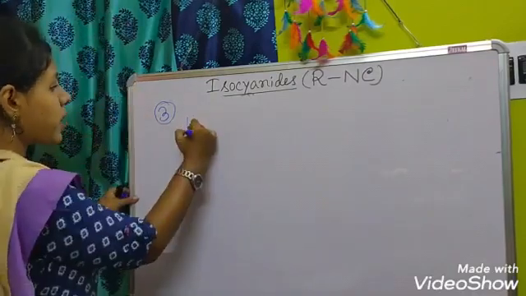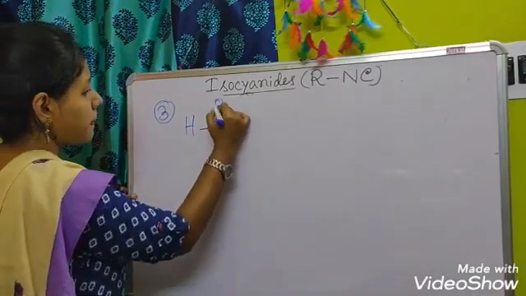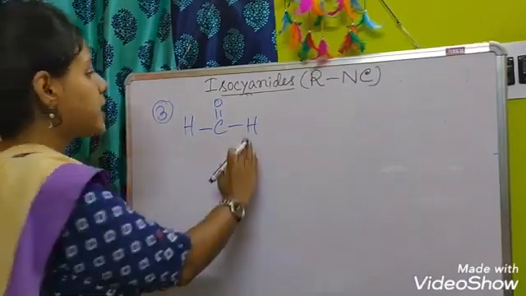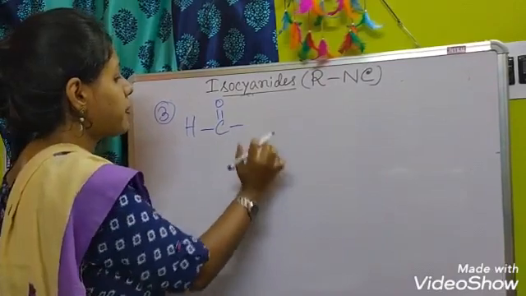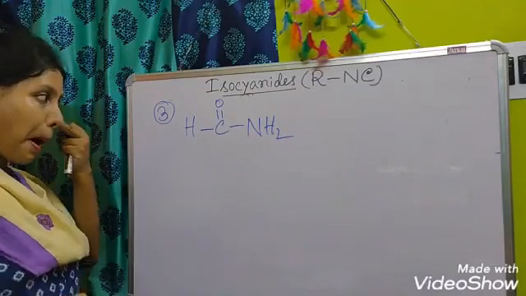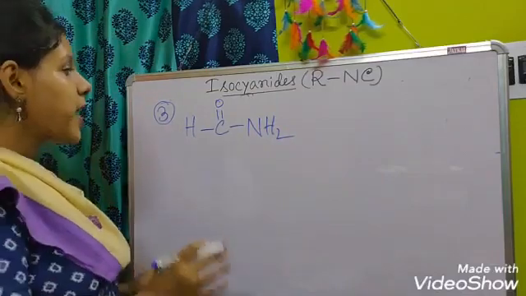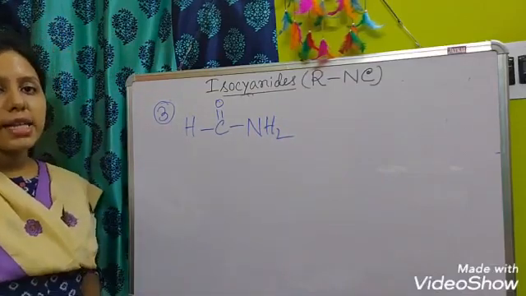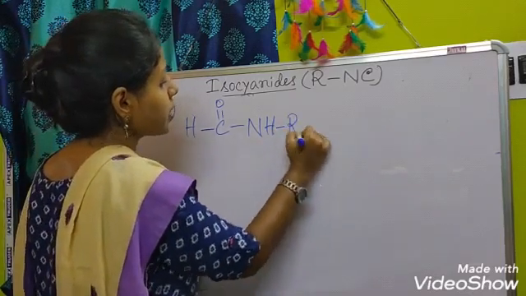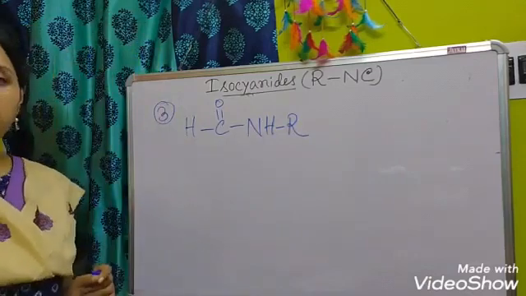HCOOH, that means this one. This is the formula of formic acid, and whenever this hydrogen is replaced by the NH2 group, then it is known as the formamide. Now here we are using N-alkyl formamide, that means again one hydrogen is replaced by an alkyl group.